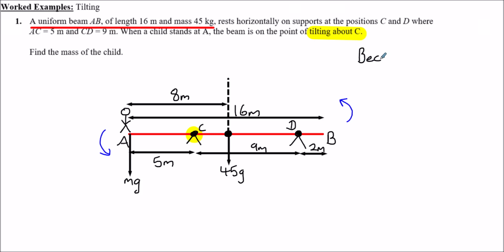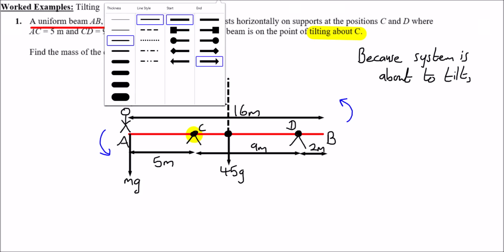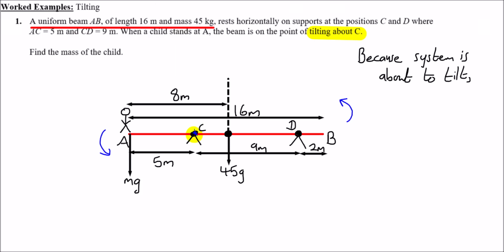Because the system is about to tilt, which force is going to vanish? Well, we've almost labelled all forces on, but because the beam's been supported at C and D, there's going to be two reaction forces at C and at D. So there's going to be a reaction at C and a reaction at D.